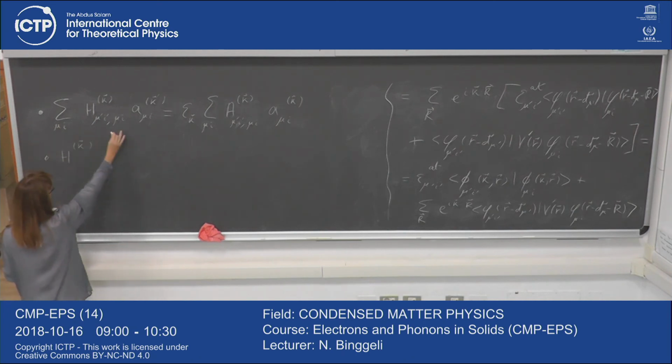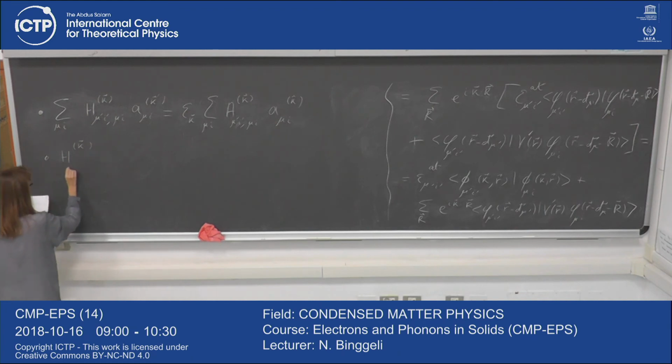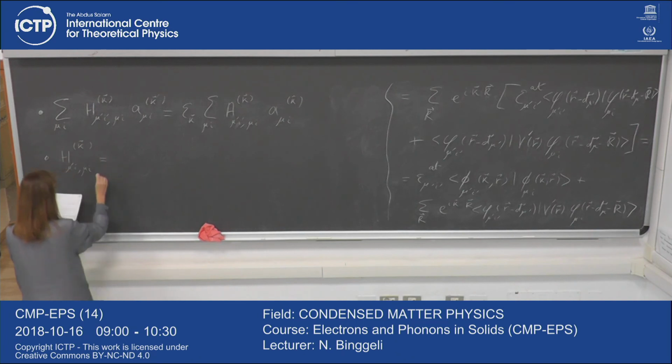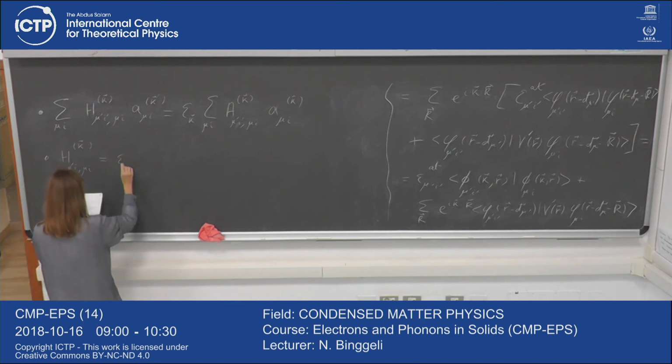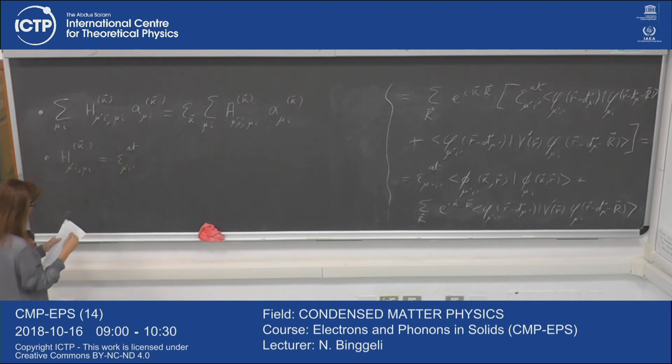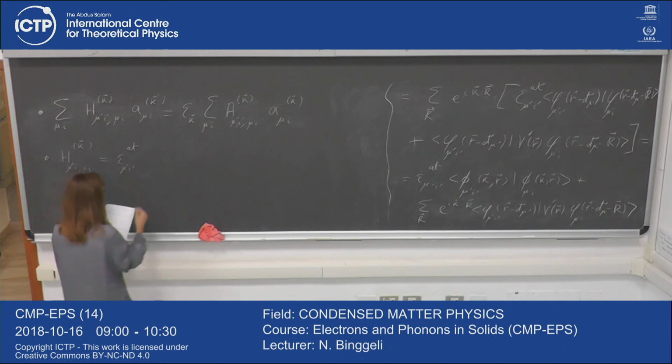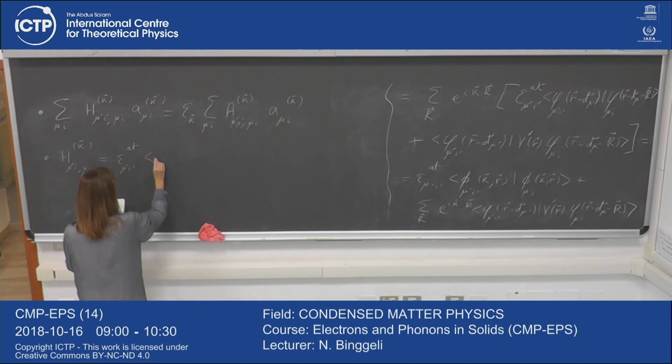The H here is a matrix that has, on the left hand side, mu prime I prime, and on the right hand side, mu I. And this matrix is the atomic energy for the atom mu prime and orbital I prime.